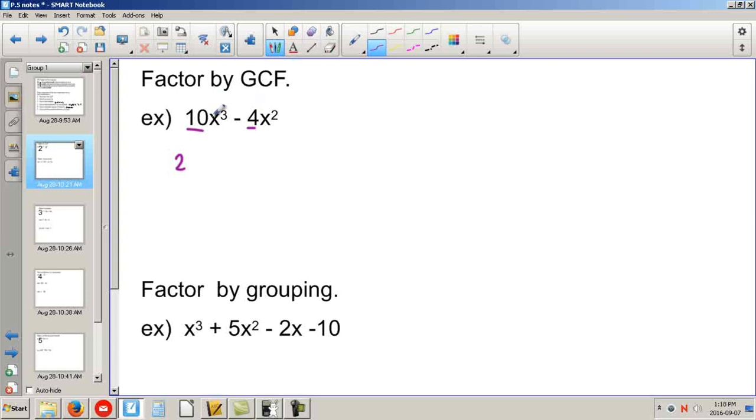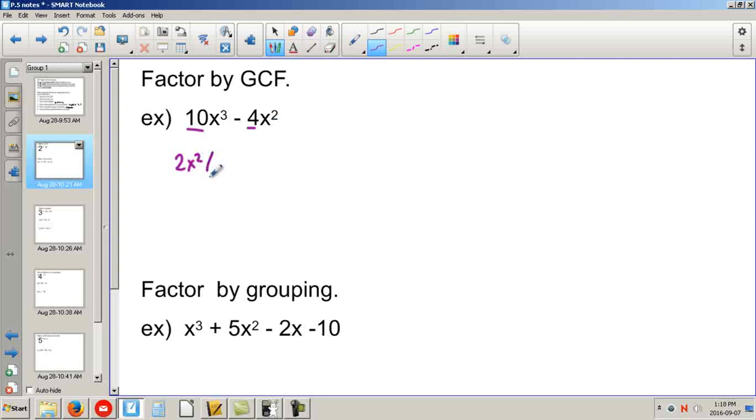So how much can I take from both of them while taking the same amount from each? If I try to take 3, I wouldn't have enough here with the 4. If I only take 1, that means there's extras left with each of these. So I want to take as much as I possibly can, but I can't take more than I have from any one of the numbers. So I'm going to take x squared.